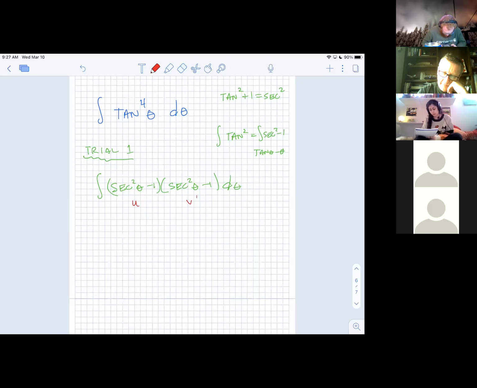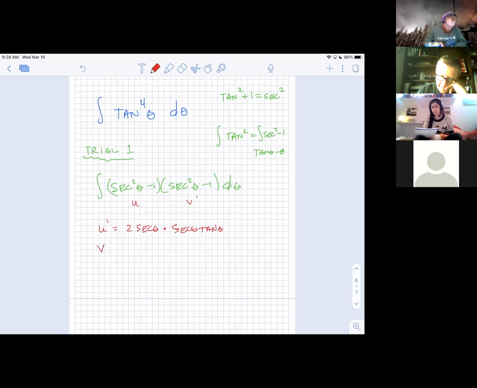I don't know, these are ugly. Maybe I won't quit so soon. So let's see, u prime would be, the derivative of junk squared is 2 times the junk times the derivative of the junk. Derivative of secant is secant tangent, and the derivative of 1 is nothing, okay.